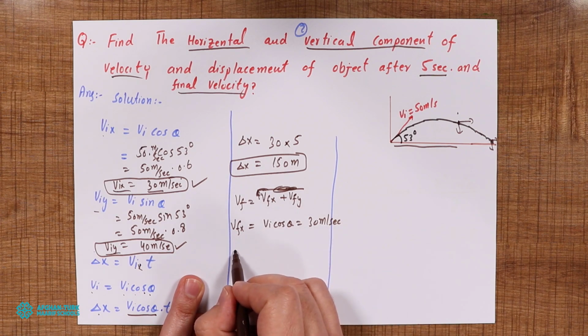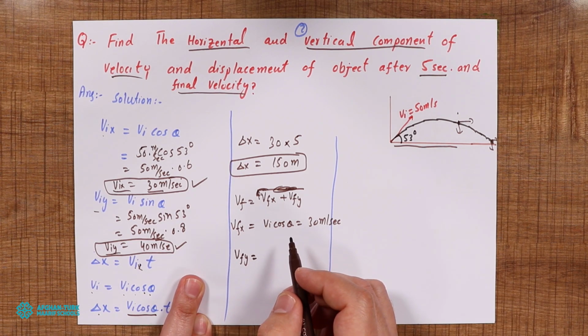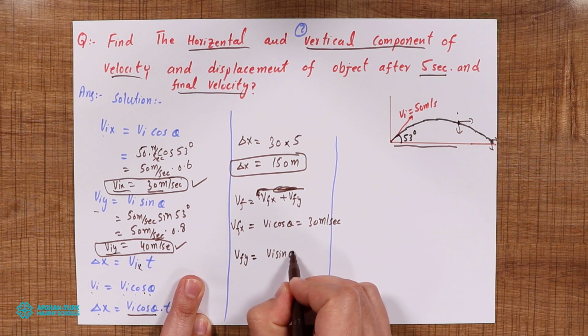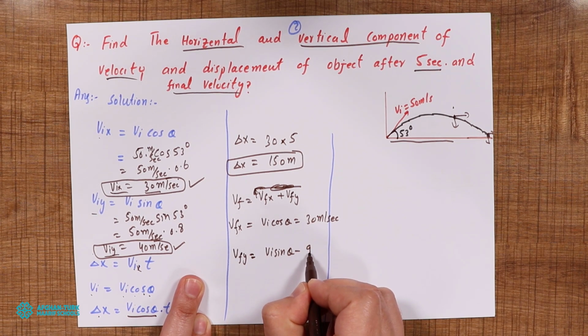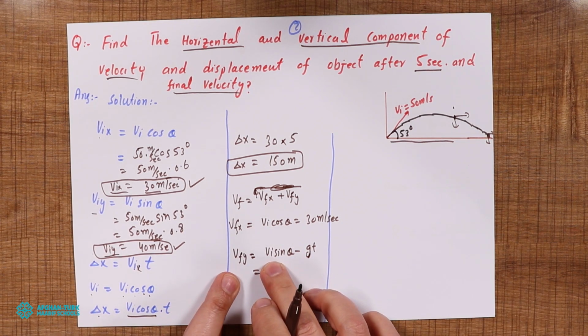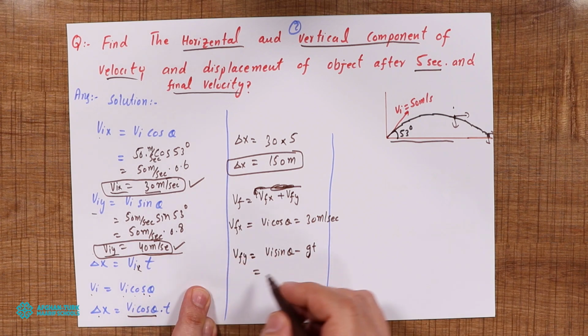Here is the difference, vfy. In this case we will use the formula vi sine theta minus gt. Now vi sine theta we already proved is equal to 40 meter per second.